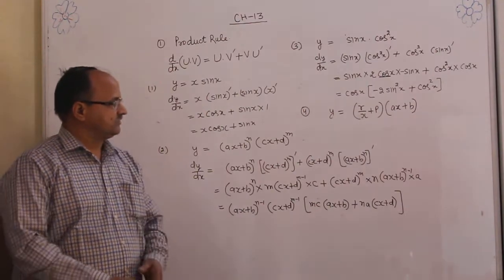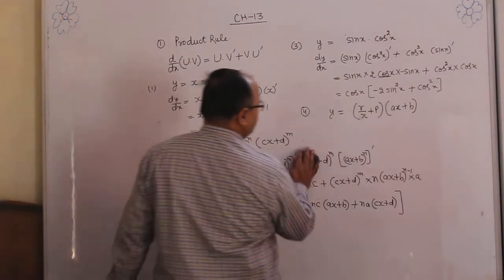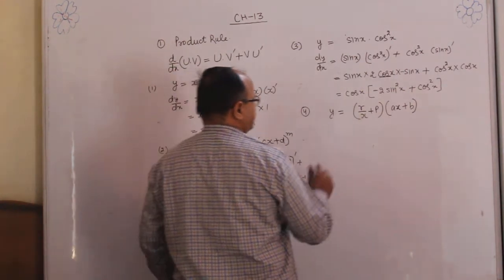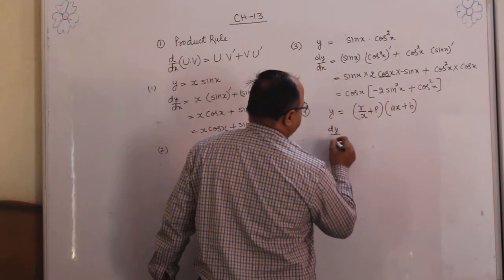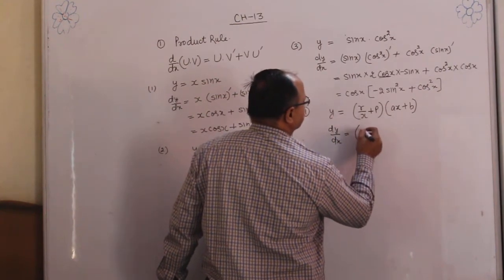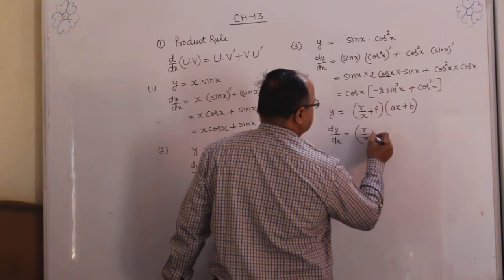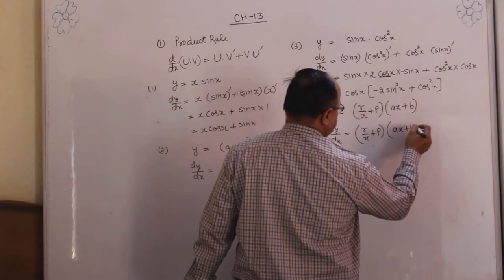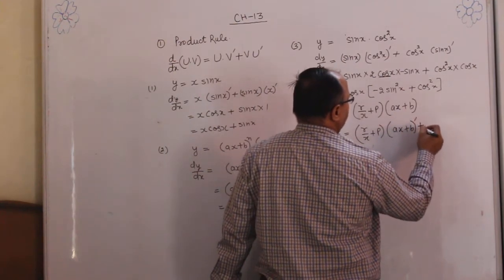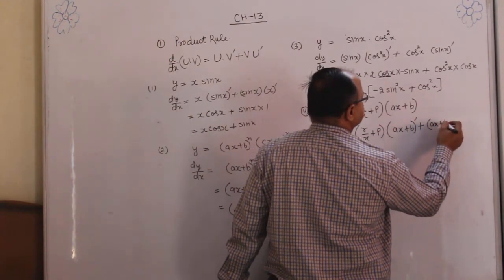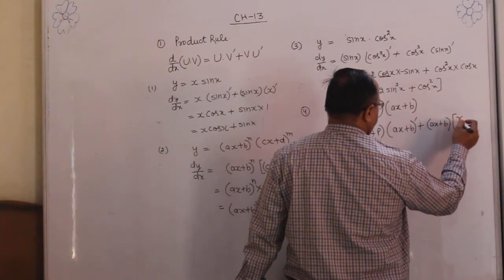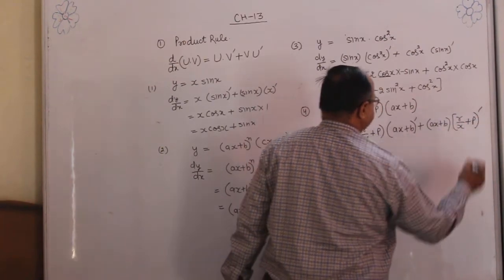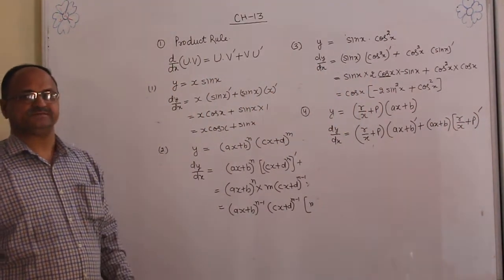Find the derivative using the product rule. dy by dx: (r by x plus p) as it is, derivative of ax plus b, plus (ax plus b) as it is, the derivative of (r by x plus p), according to the product rule. Correct?